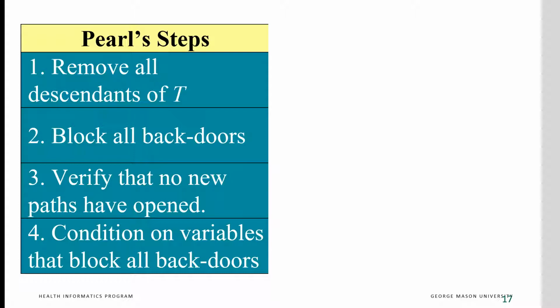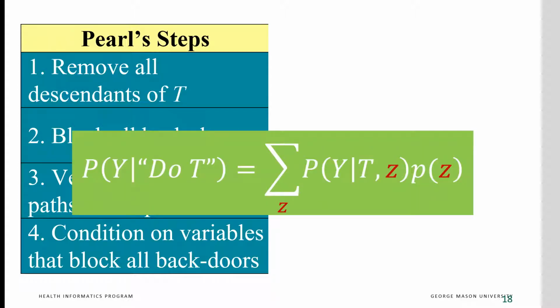In the fourth step in Pearl's do operation, one conditions on variables that block new or previously existing backdoor paths. Then the effect of treatment on outcome can be assessed using the formula shown. This is a simple conditional probability of outcome given treatment and the variables that had confounded the impact of treatment on outcome.